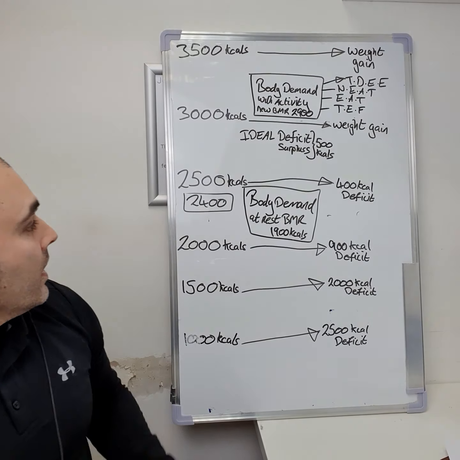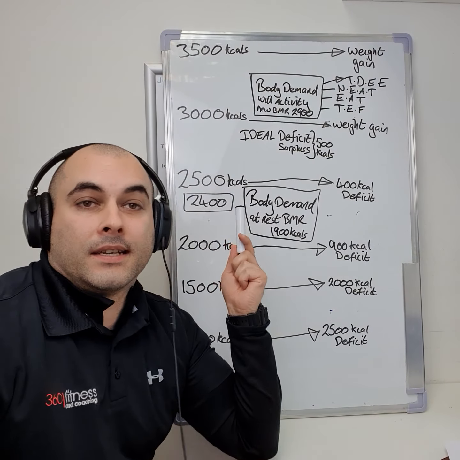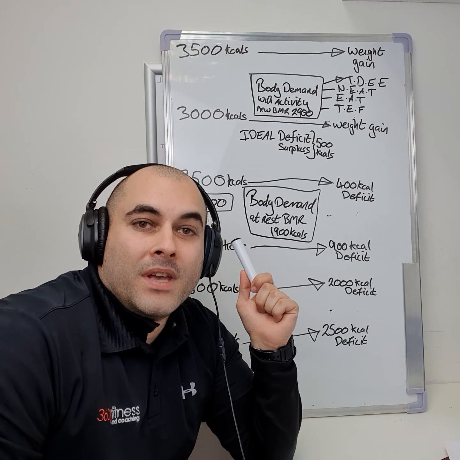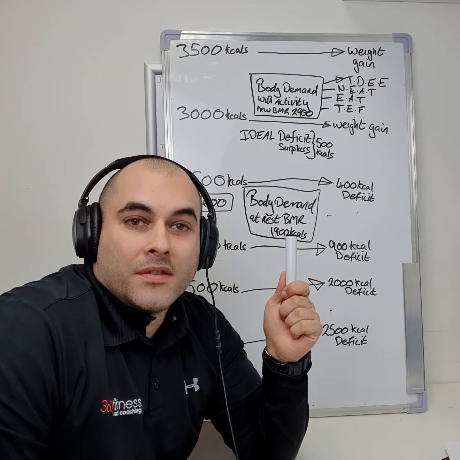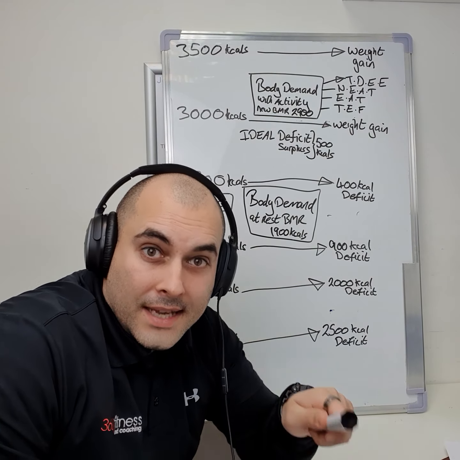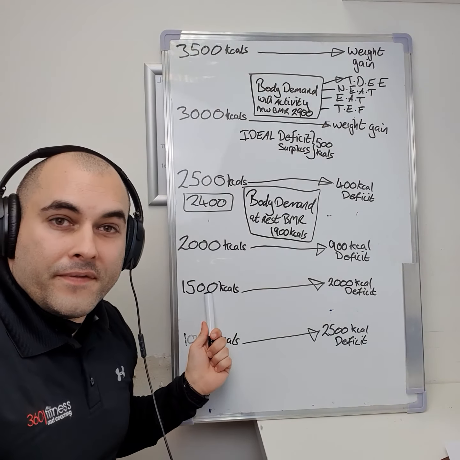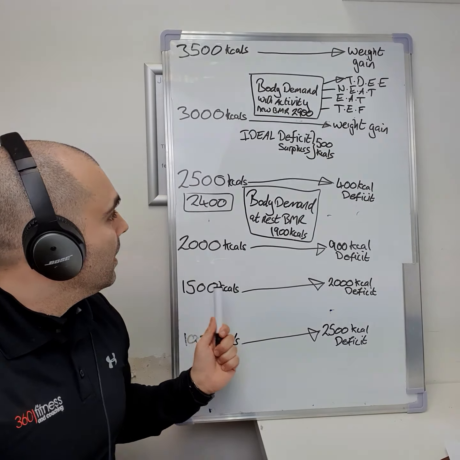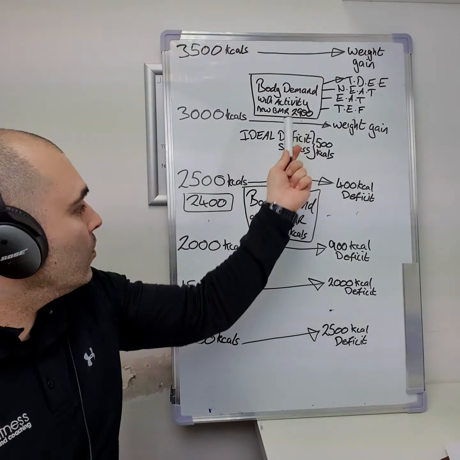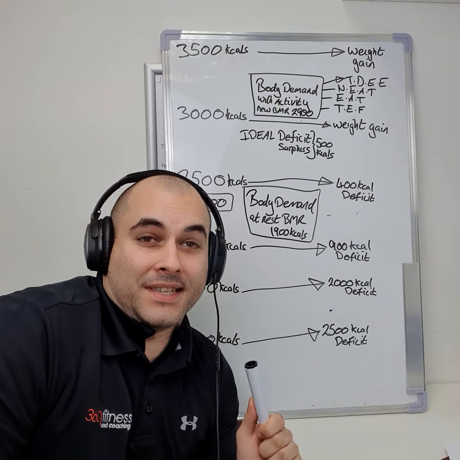Here's the kicker. If they've already been eating 2,500 calories a day and they're told that they need to eat less to lose weight, if they drop down now to 1,500 calories, you've now got a 1,400 calorie deficit.